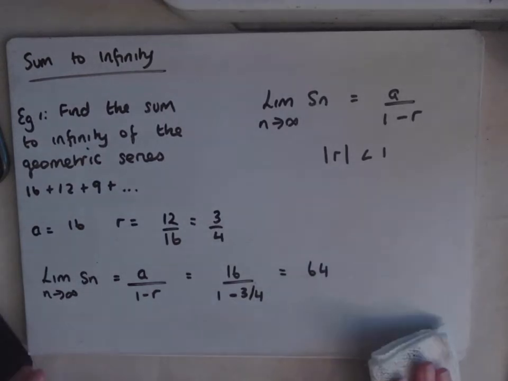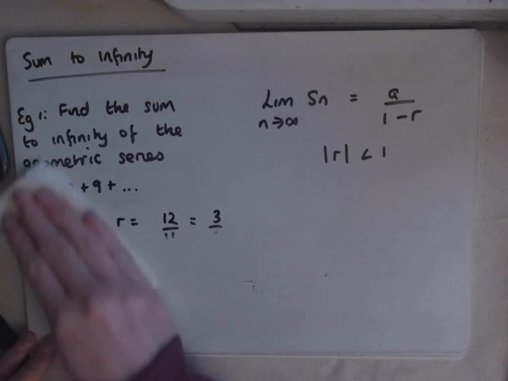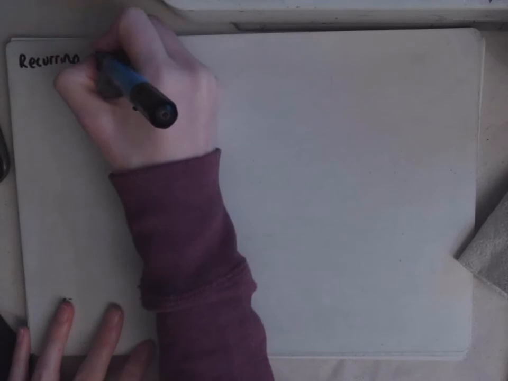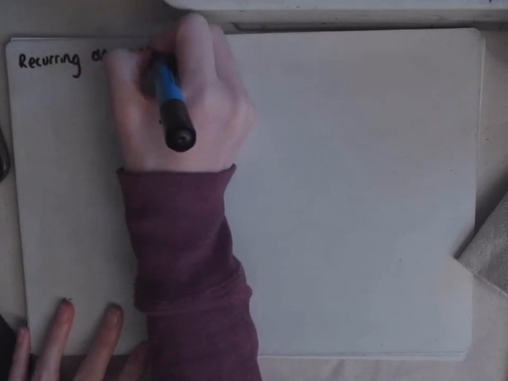And the last thing we're going to do is recurring decimals. They're just little subheadings here in this topic. Recurring decimals, you've seen them on your calculator when you've got a dot.